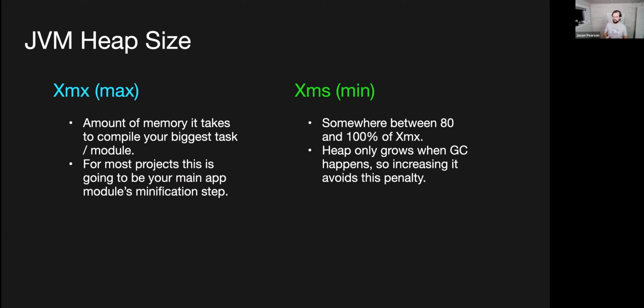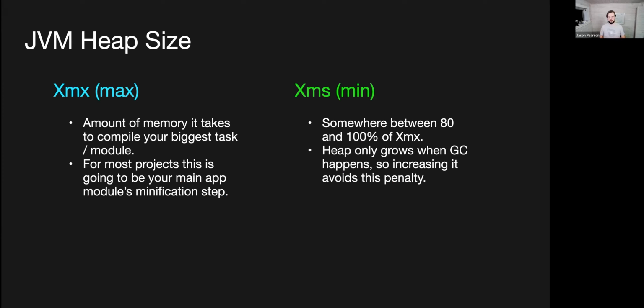The JVM heap size for both the Gradle and Kotlin daemons is really important to keep in mind. The max is the amount of memory it takes to compile your biggest task, and it's reused across compiling all your modules.